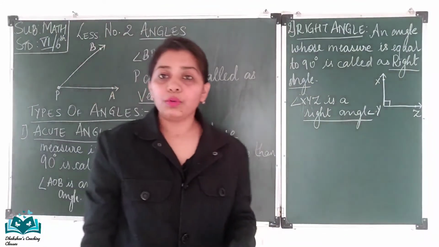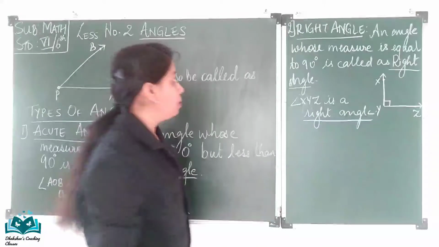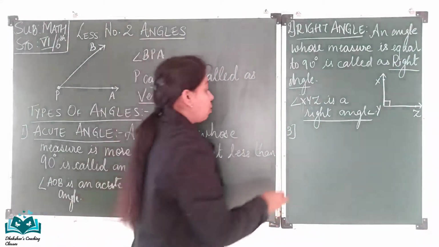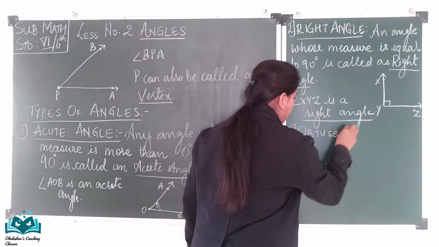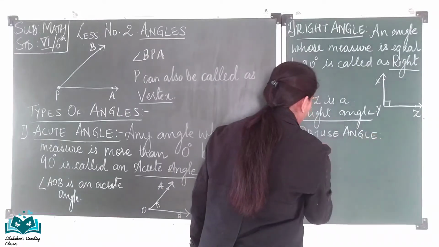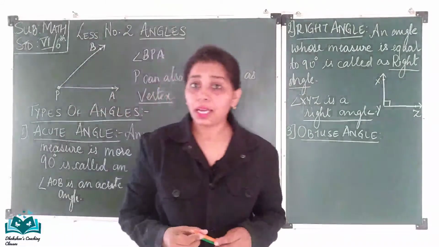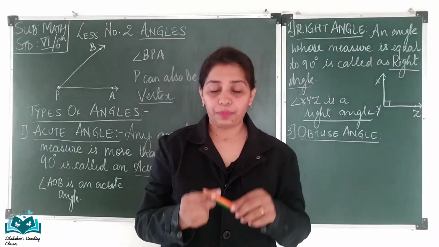Okay. Now moving on to the next type, that is your obtuse angle. The third type of angle, obtuse angle. An obtuse angle is that angle whose measurement is more than 90.